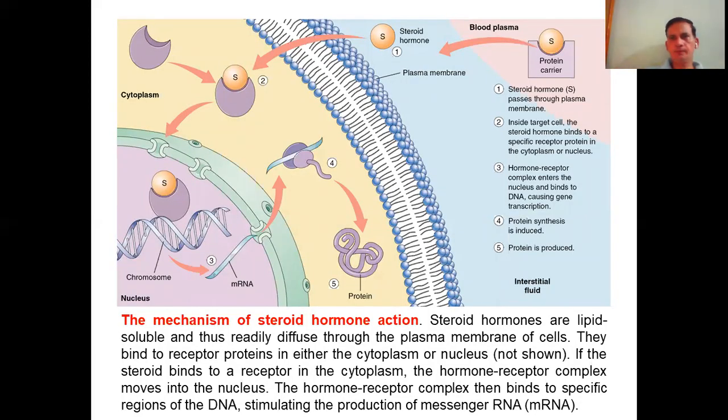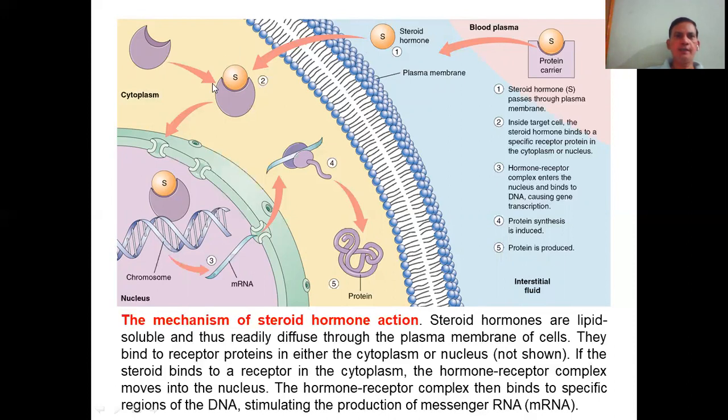Let's say this is a steroid hormone released by an endocrine gland into the blood. It is attached to a protein carrier and moves in the blood vessel. When it reaches the target site, it can easily be taken up by the cell. It can cross the plasma membrane, being lipophilic in nature.